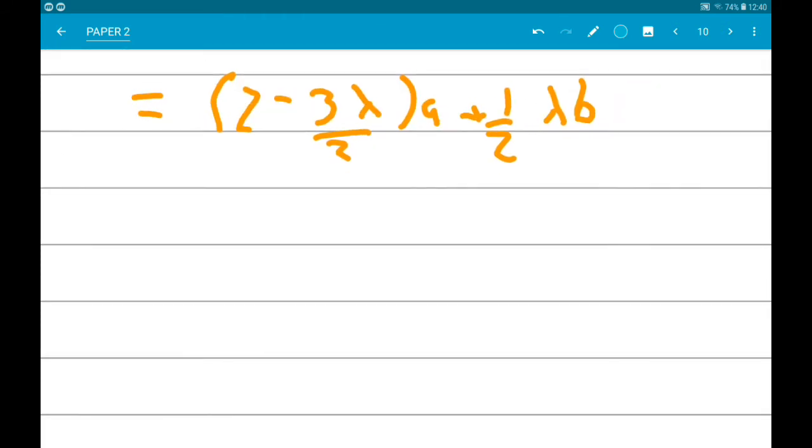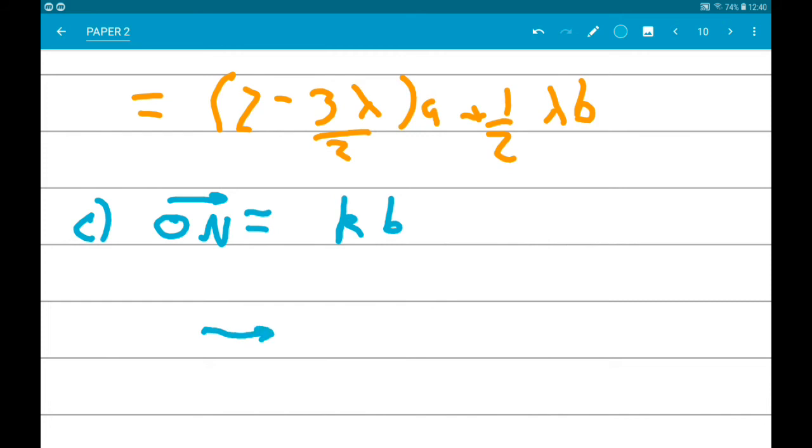So let's say that ON is only some amount of b, so let's call it kb. That means that 2 minus 3/2 lambda must be 0.